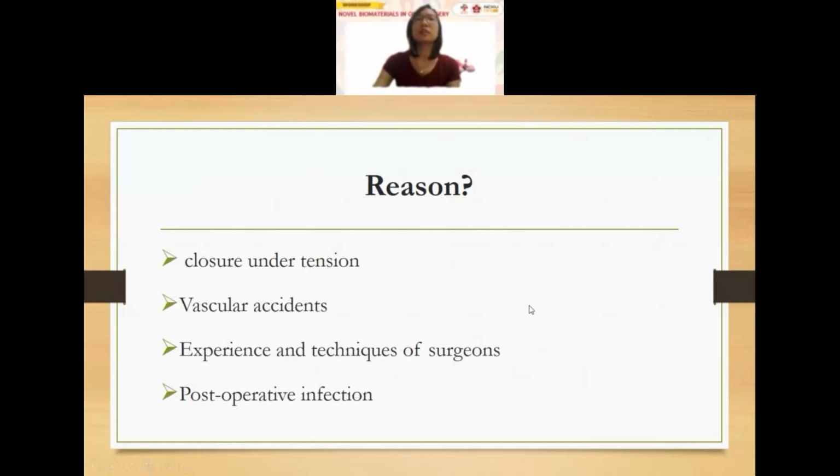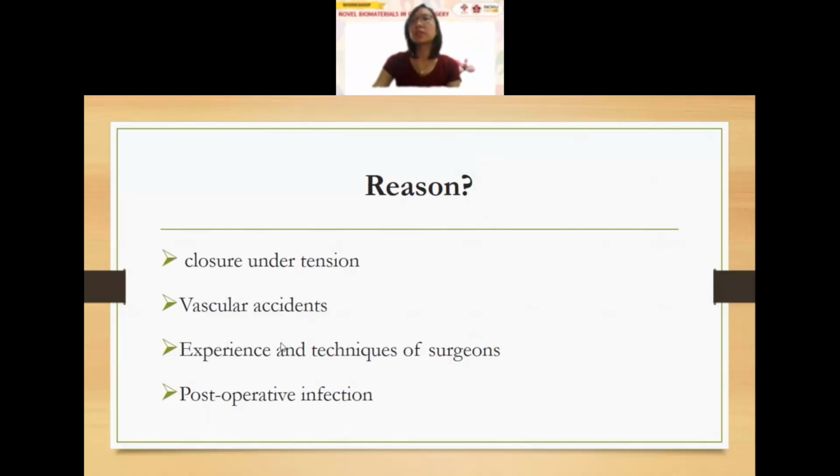So what are the reasons for fistula? There are many reasons. I perform palatoplasty every day, so I think the reasons include closure under tension and vascular accident.